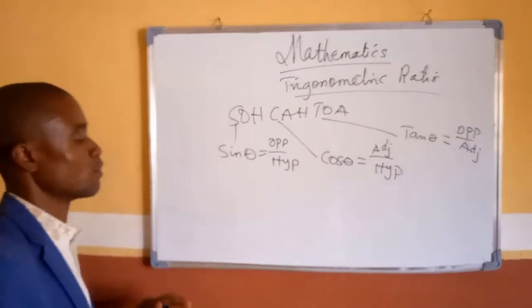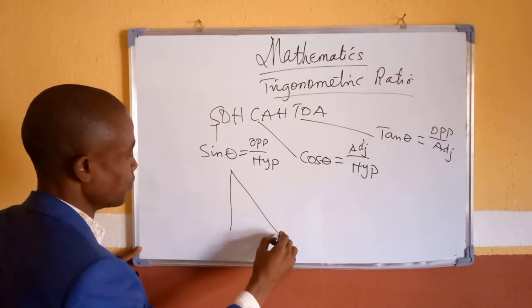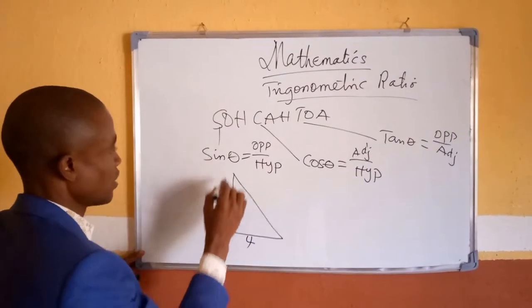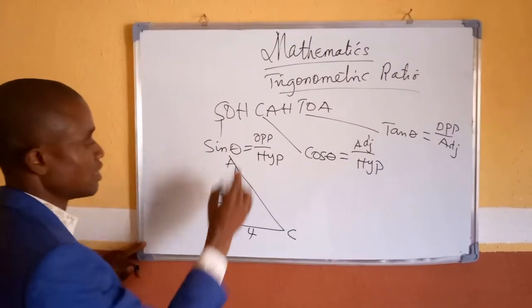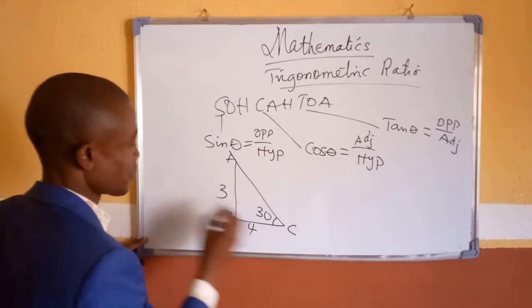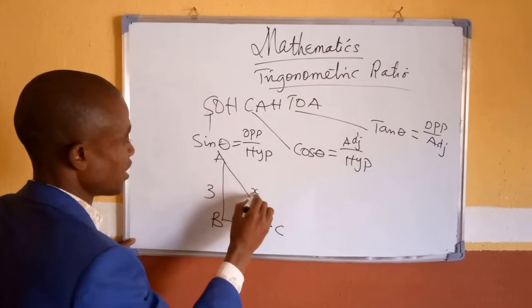Now let's move further. Consider this right angle triangle. If I have 3, I have 4, let me say I have A, B, C, and let's take this to be 30 degrees, and we are asked to find this x.